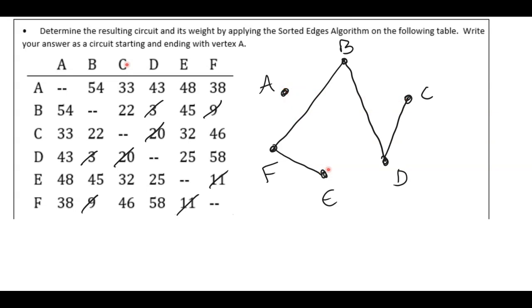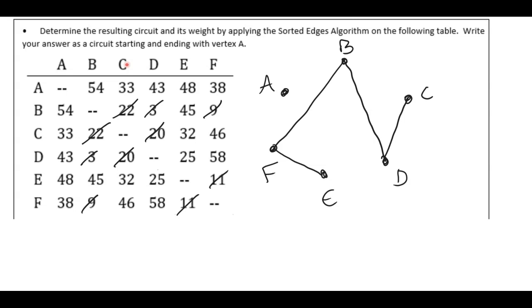That's really all there is to it. If we continue along with this algorithm, 22 is the next one. It says C to B. C to B would be a mistake. It would create a circuit before all the vertices were touched. So we can't use the 22.